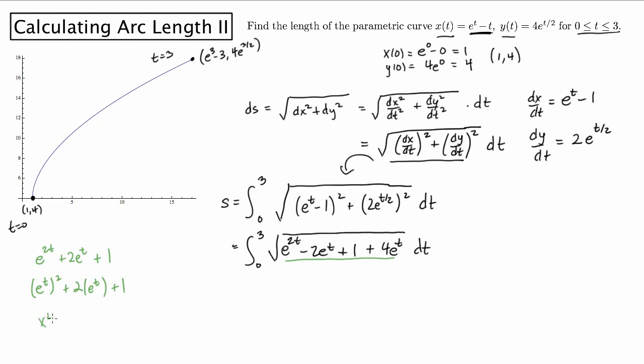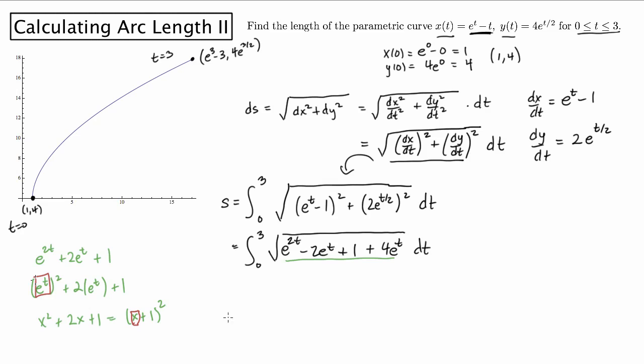For example, this is nothing more than the polynomial x squared plus 2x plus 1, which is a perfect square and factors nicely into (x plus 1) squared. It just so happens, though, that the x for this particular problem is played by the role of e^t.